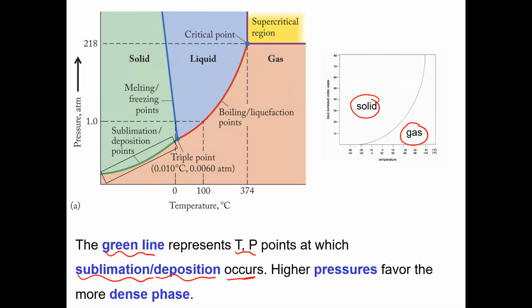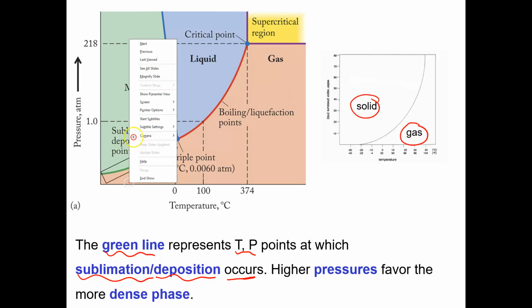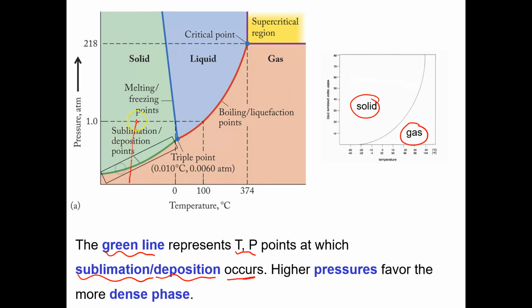Now, if we think about picking a particular temperature, so we'll have the same amount of energy in the system, and we increase the pressure, we end up in the more dense phase, which is not surprising because we're just pushing the particles closer together. So this line makes sense that it has the positive slope that it does.